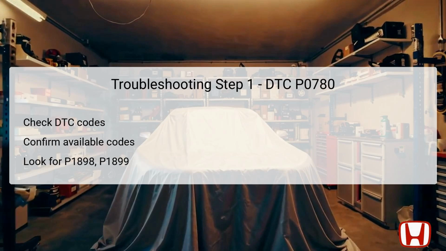The first step in troubleshooting DTC P0780 involves checking for existing DTC codes using an onboard diagnostic scanner. This is a critical part of the process, as it helps confirm whether there are any additional or related codes, such as P1898 or P1899, stored in the vehicle's powertrain control module, PCM.